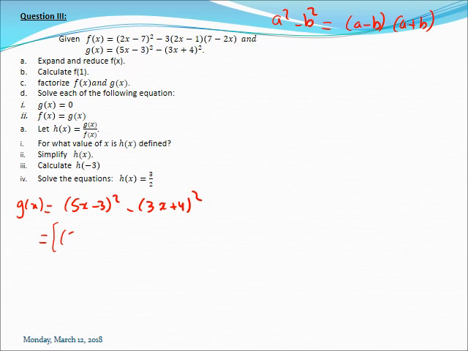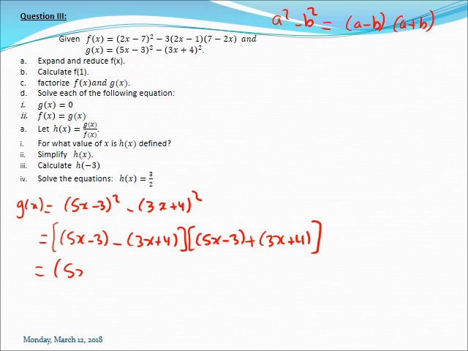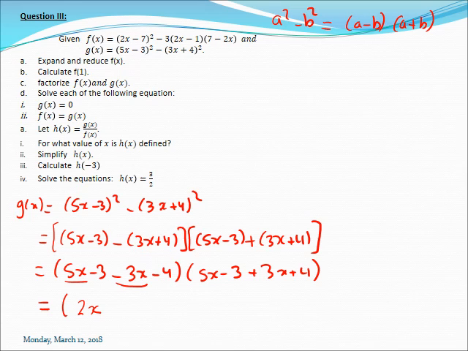So it's equal 5x minus 3 minus 3x plus 4, 5x minus 3 plus 3x plus 4, equal 5x minus 3 minus 3x minus 4, 5x minus 3 plus 3x plus 4, equal 5x minus 3x, 2x, minus 3 minus 4, minus 7. 5x plus 3x, 8x, minus 3 plus 4, plus 1.